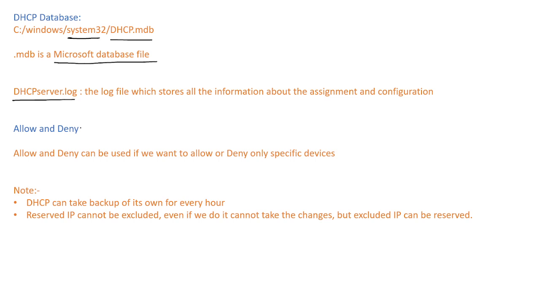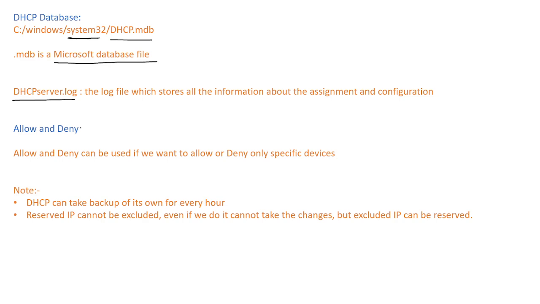There is another option called allow and deny in the DHCP. Allow means only a certain number of allowed MAC addresses can connect. For example, you have a conference hall where you have internal employees and external people will also come, and you don't want to allow the external people.